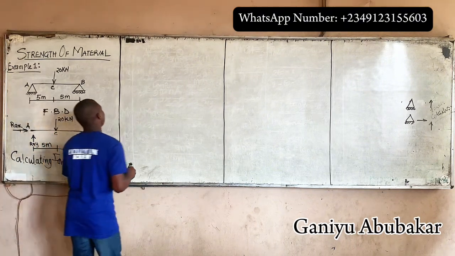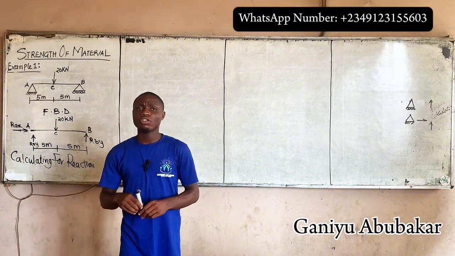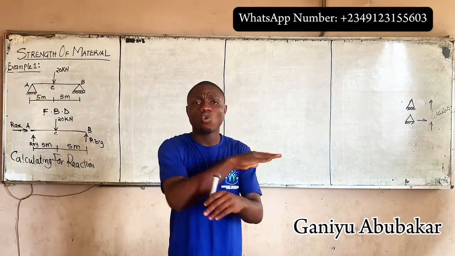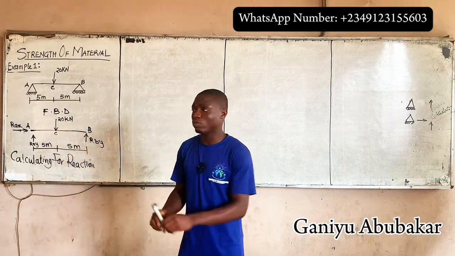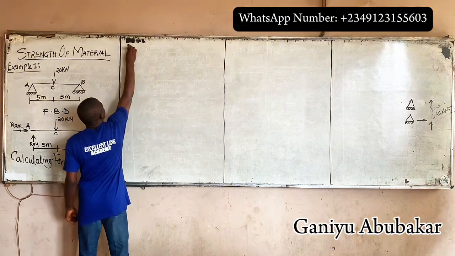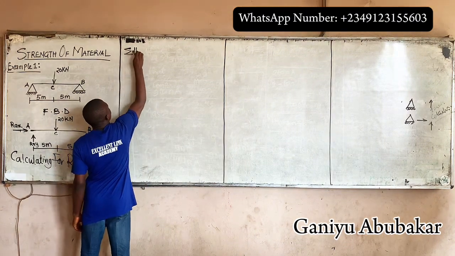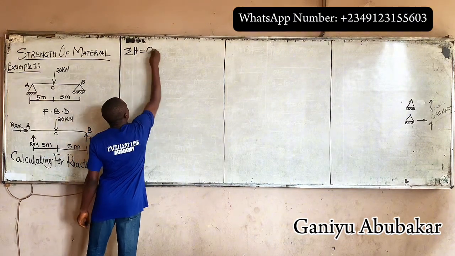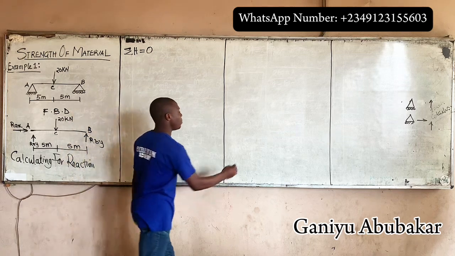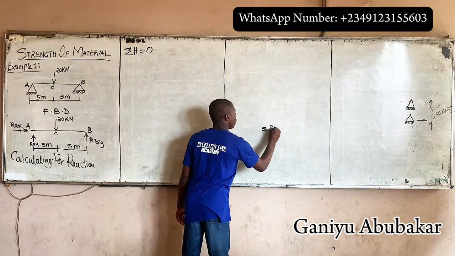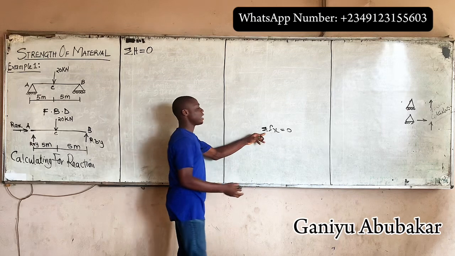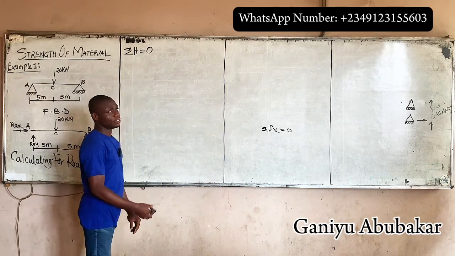By the way, what's the first condition of equilibrium? The summation of horizontal components must be equal to 0. That is, my first part, the summation of H is equal to 0. Some people use the summation of Fx equal to 0. These are still the same thing, right?